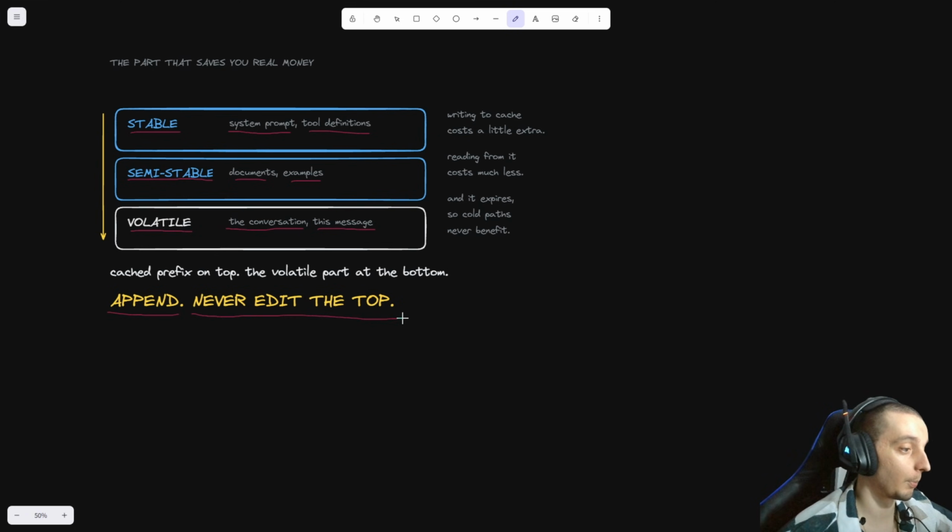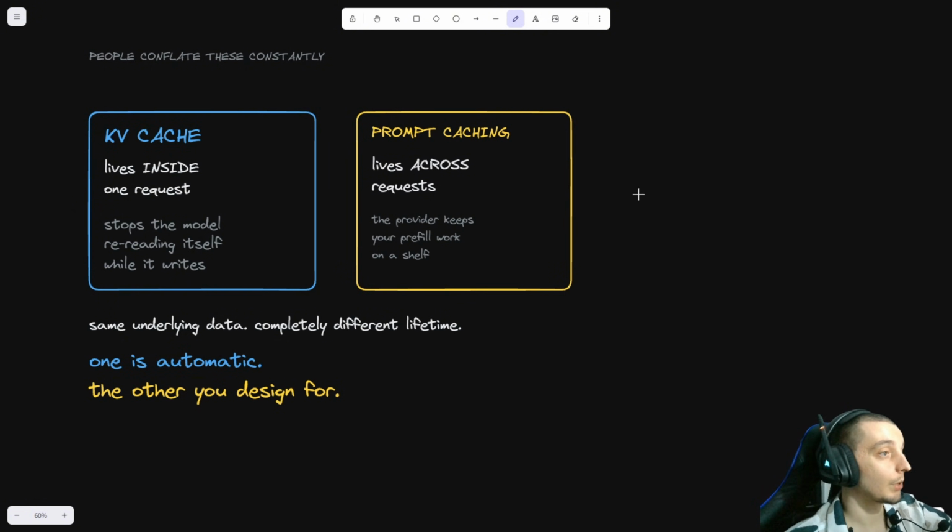Never edit the top. The naming is confusing, so don't let it trip you up, because those are not the same thing. The first difference is that, yes, while they both keep a cache for the key and value vectors, they have completely different lifetimes.